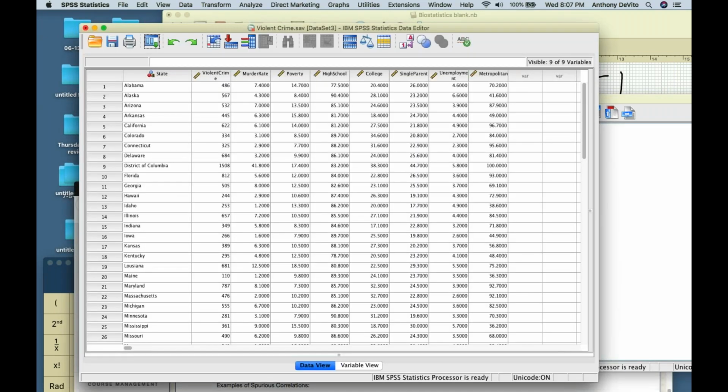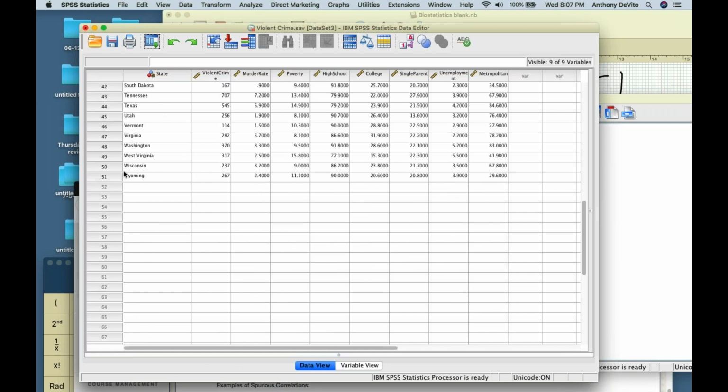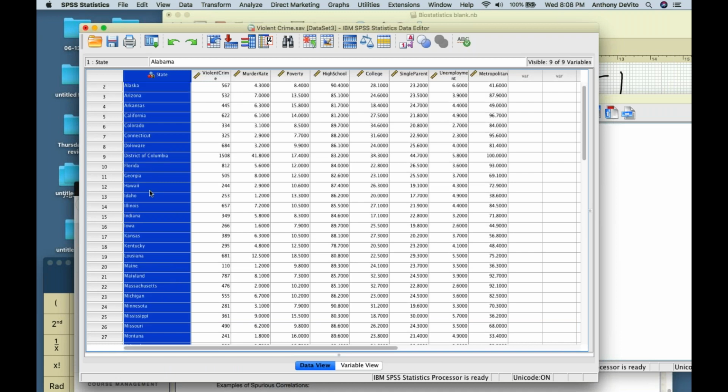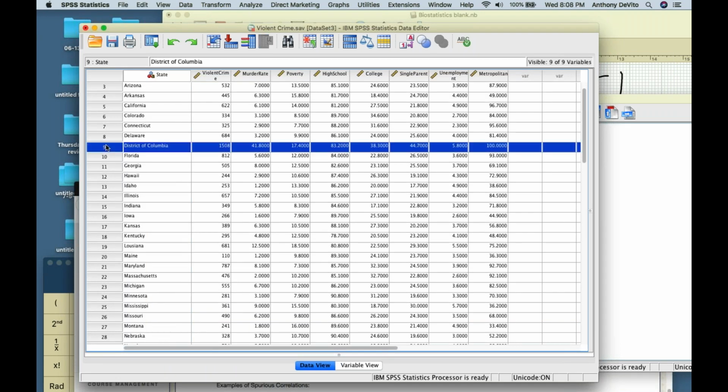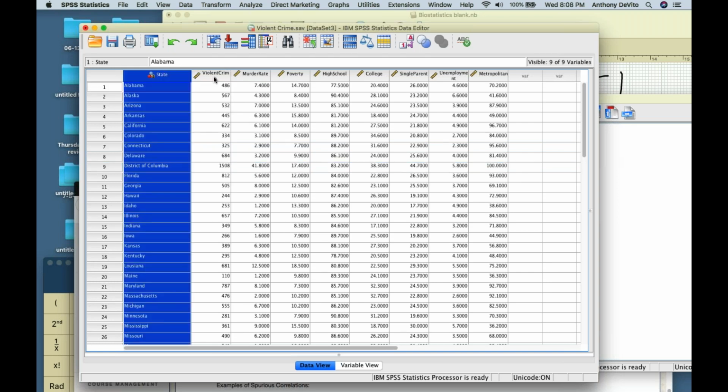And here we go. What do I have here? Well, I have 51 pieces of data. They're all 50 states, but I have 51 of them. Why is there 51? Because they included the District of Columbia as a state. For a particular year, we have a number of numerical variables. The state name is a categorical variable.